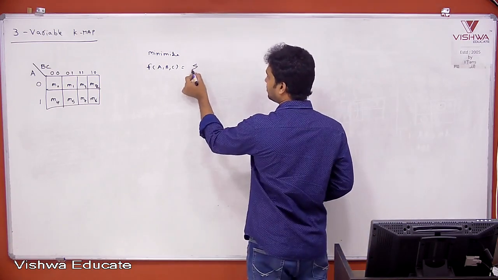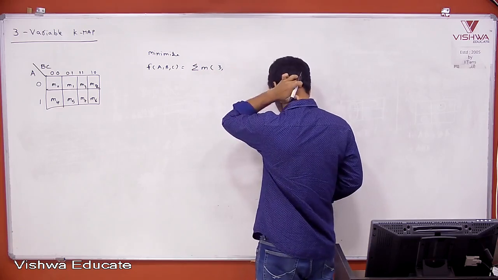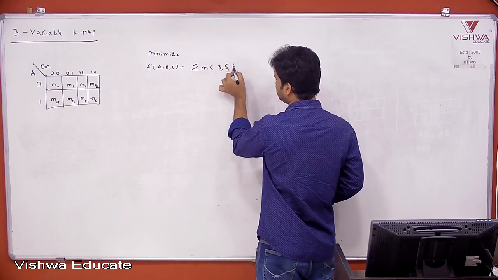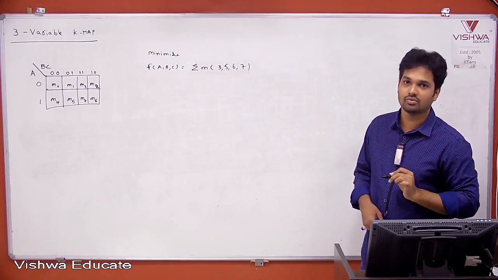Sum of the minterms. Let us take one question. Minimize the function f of ABC equal to the sum of the minterms 3, 5, 6, 7.